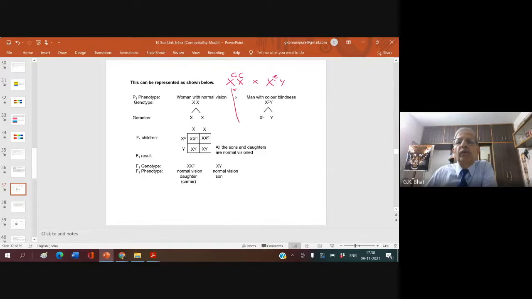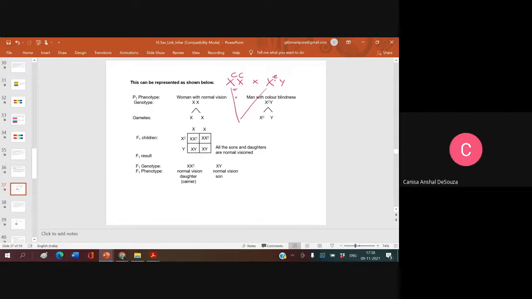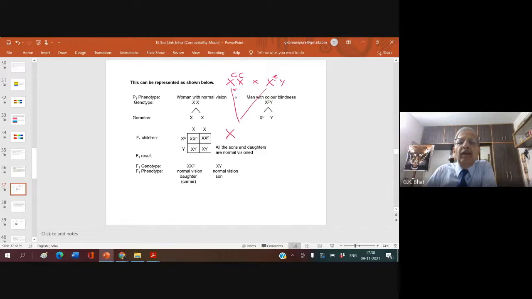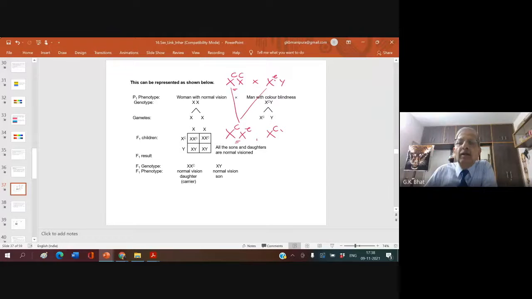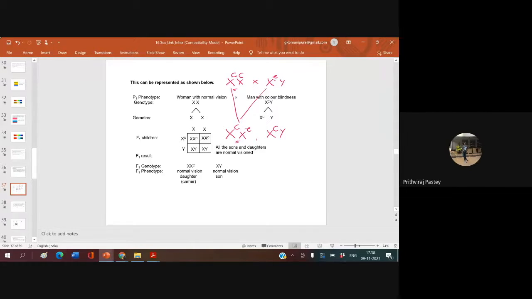One X should come from here, one from here. So all girls are X capital C and X small c. That means they are carriers. And boys are affected, colorblind. Boys are affected.